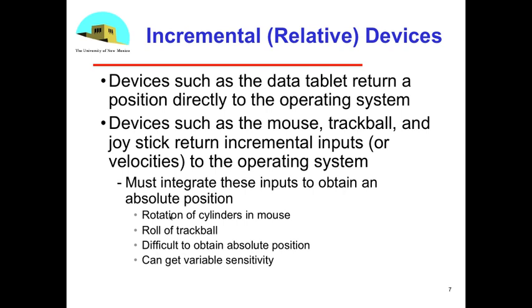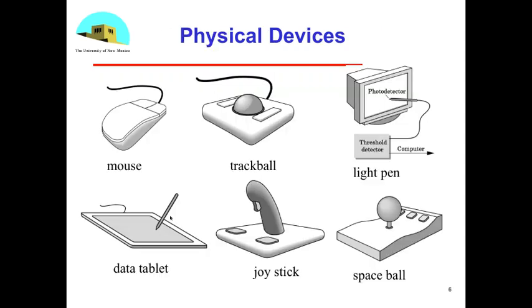And if you integrate the velocity, you get position. So for example, let's look at a joystick. If you push the joystick and look at what's coming out of that as a velocity in the x direction and a velocity in the y direction, the harder you push it, the further you push it, the greater the velocity is.